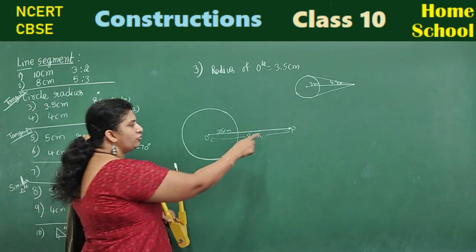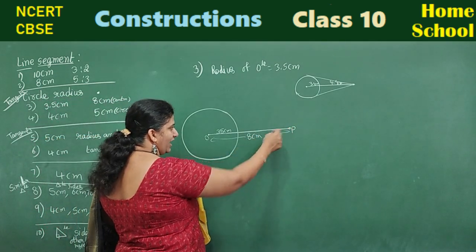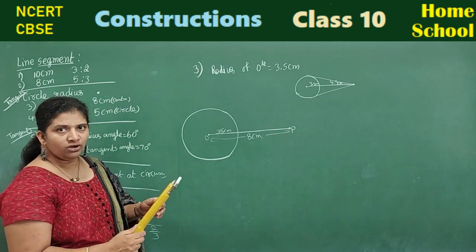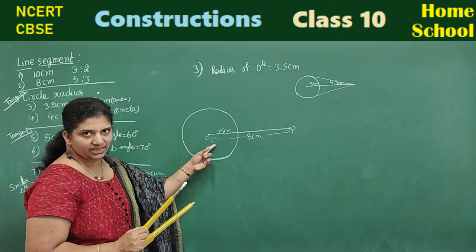Now we need to draw the tangents from this point, right? How do we need to draw? First step, the line segment.